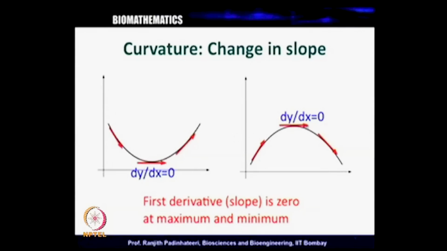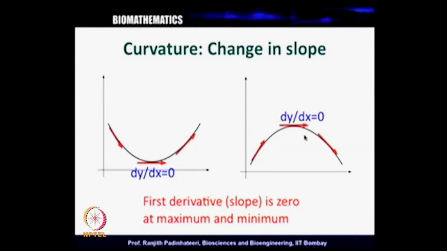Again here also you can draw a tangent, a straight line which touches only the maximum point, and that will have a slope equal to 0. So the slope at this particular point is 0. So the first derivative is 0 at maximum and minimum for any curve. If a curve has a local maximum or a minimum, you will see that its derivative is 0.